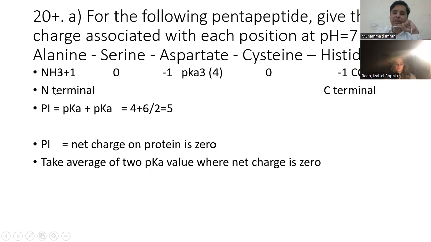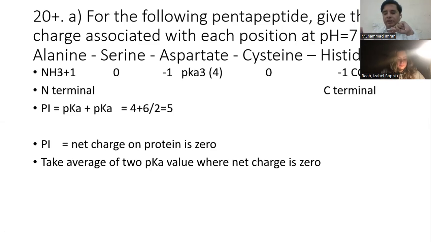The start point is always an amino group, and the end point ends with a carboxylic group. So at physiological pH, the last carboxylic group has a negative charge and the first amino group has a positive charge, just like an amino acid.